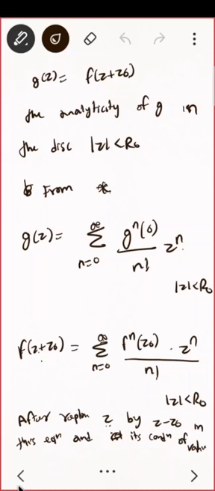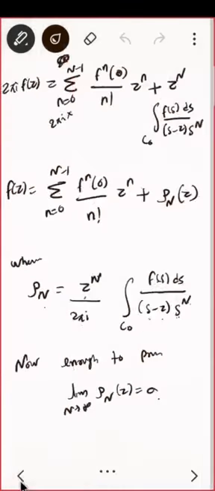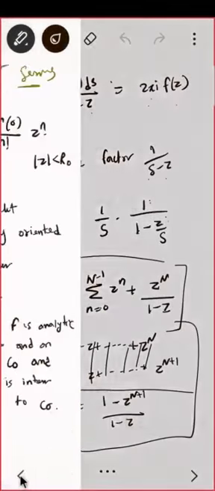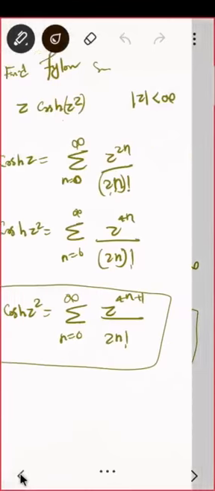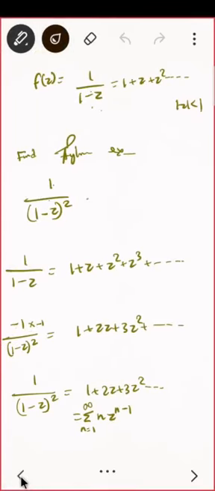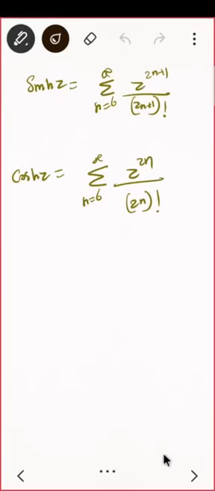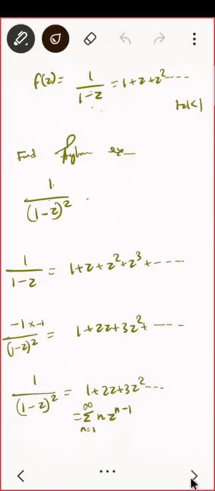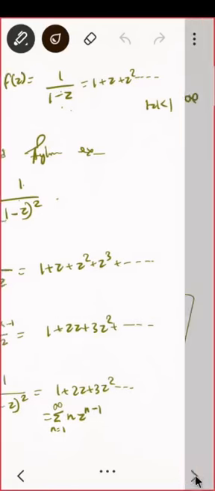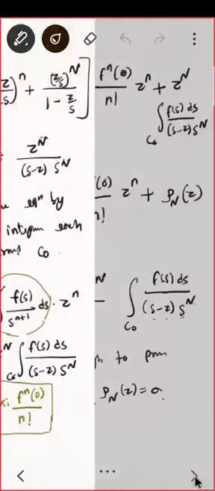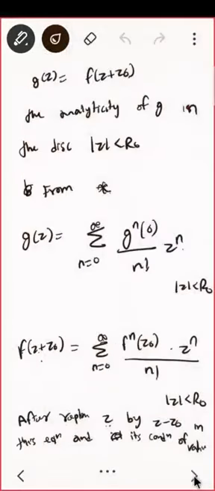And in the last class, I talked about Taylor expansion of some standard functions, that is e raised to z, sine z, cos z, sine hyperbolic, cos hyperbolic and all. And you'll see that this Taylor expansion is not general. There are some functions that do not have Taylor expansion, and they have some issue in that.